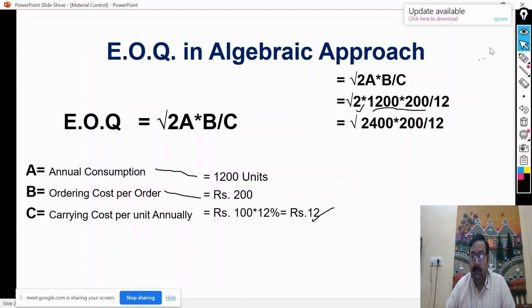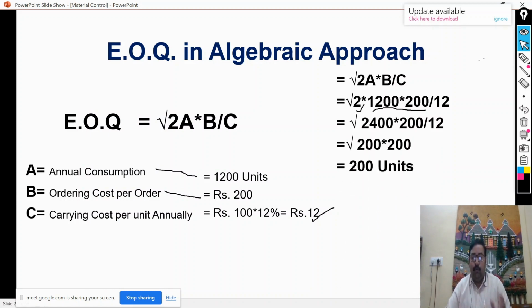Then we can solve easily: square root of 200 multiplied by 200, which is 200 units. You can see that in the algebraic approach or the tabular approach, the economic order quantity in both cases is 200 units. You can solve in tabular manner or with the algebraic approach. Is it clear?